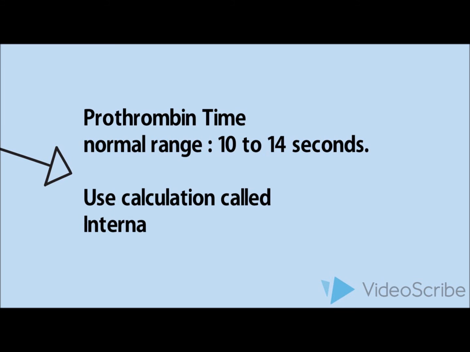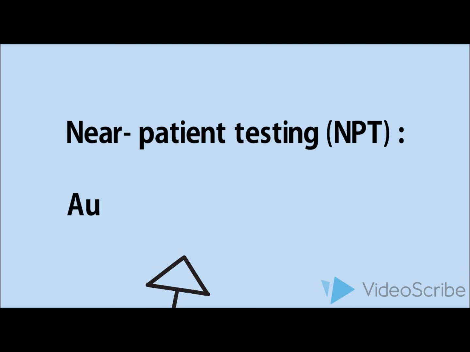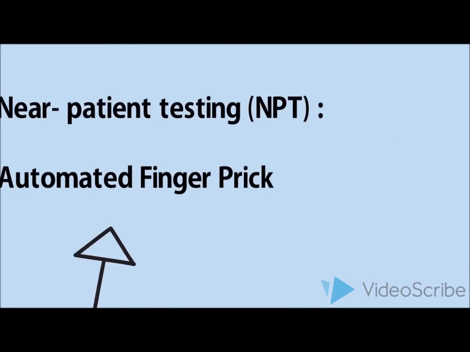The normal range is within 10 to 14 seconds. It can also be measured based on the international normalized ratio, which is prothrombin time over prothrombin time of a normal individual. In addition, near-patient testing can be carried out using a device called automated finger prick as shown in the figure.